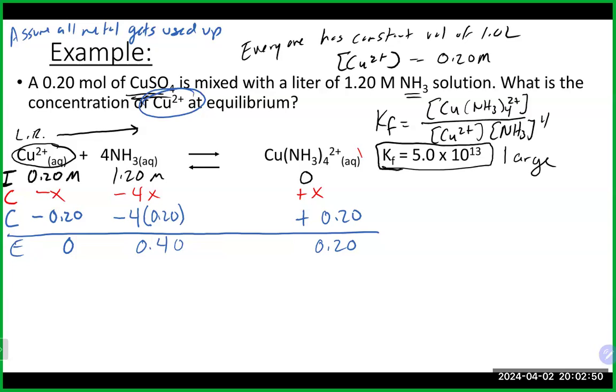Now, you might be asking yourself, the question wants to know how much copper ion is present at equilibrium. And clearly we just zeroed it out, which means that wouldn't be much of a question at this point. So the second part of the assumption that we do here is, although we assume that almost 100% of all of that copper is going to end up in that complex ion, it is still a reversible reaction, which means even though almost all of it is heading in this direction, there should be a little bit of it heading back the other way.